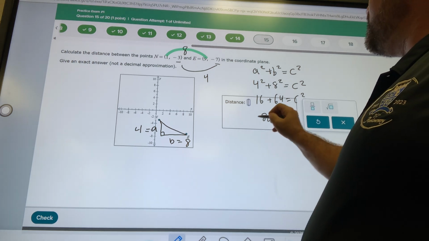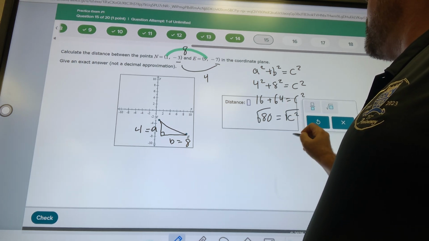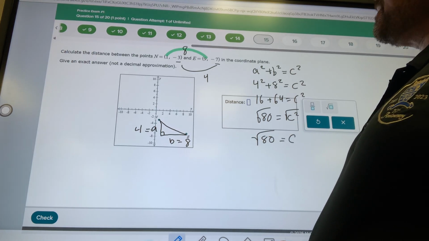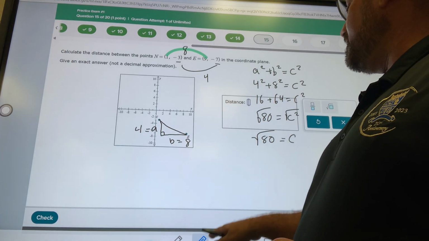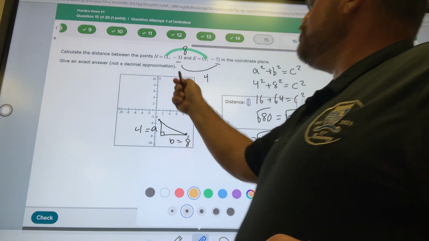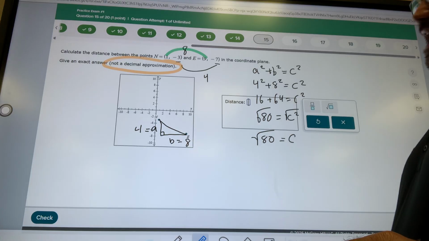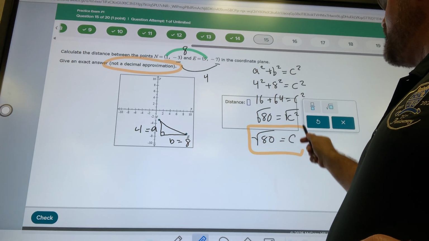I'm solving for c, so I need to take the square root of both sides. Therefore, c is the square root of 80. This specific problem tells us not to use a decimal approximation. I need an exact number, so this is my answer.